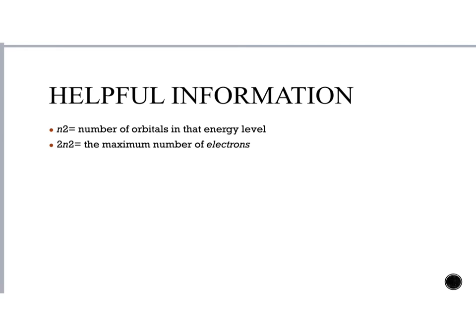So the total number of orbitals at energy level N equals 3 is 9, because 3 squared is 9. If I'm looking for the maximum number of electrons in an energy level, it is N squared times 2, because remember, there can be 2 electrons for every 1 orbital.